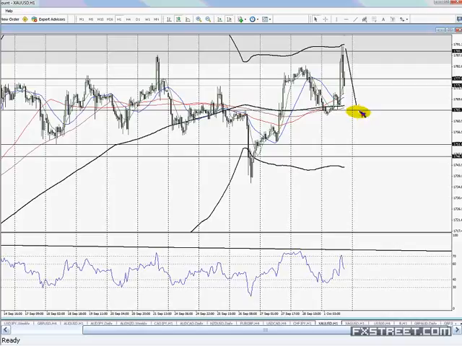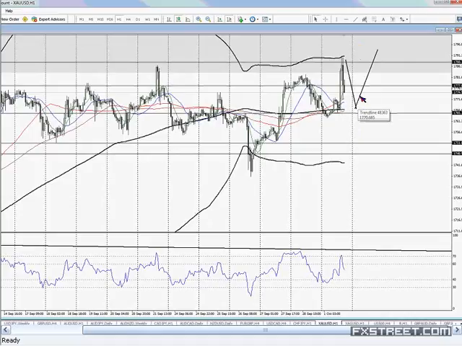So put a stop down here below these moving averages, below this central pivot. Then you have a better reward to risk, right? The risk is here, the reward is back to these highs, maybe 1800. So that's how I would play the breakout, although this breakout is not very convincing.